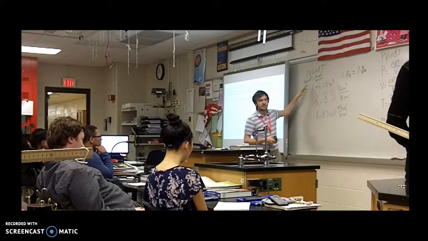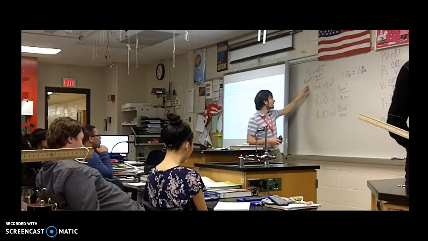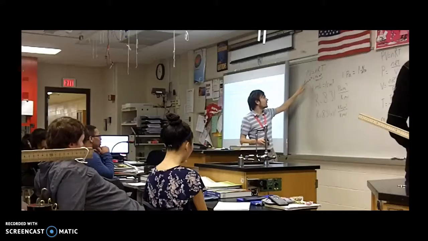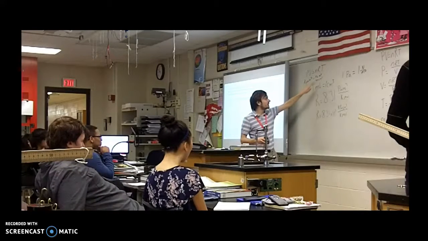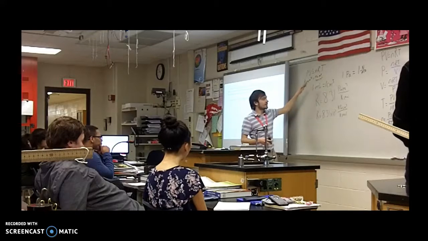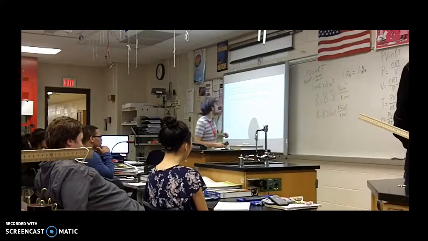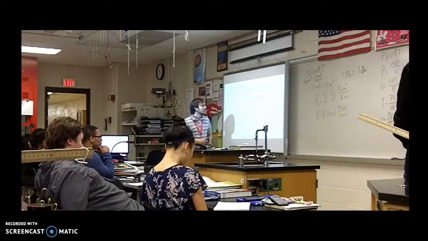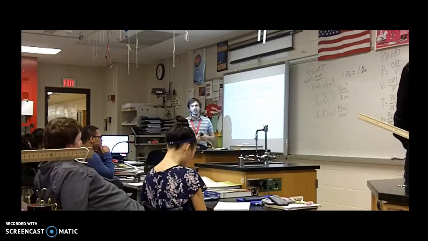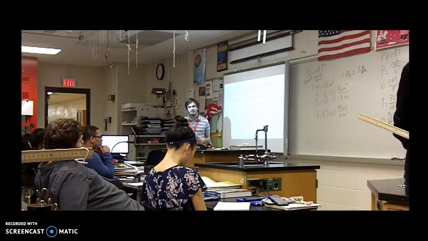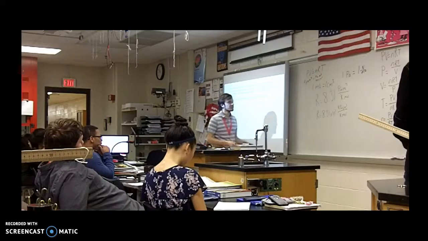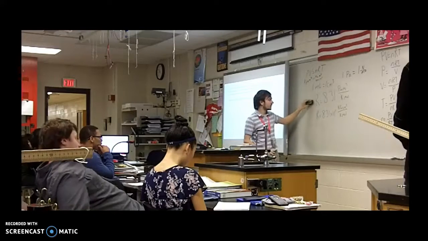I think that's why Mr. Rush chose to convert kilopascals to pascals instead of converting meters cubed to centimeters cubed, because that one is just multiplied by 1,000, which is slightly easier than multiplying by a million. But either one would work. It just changes which R value you need to use.